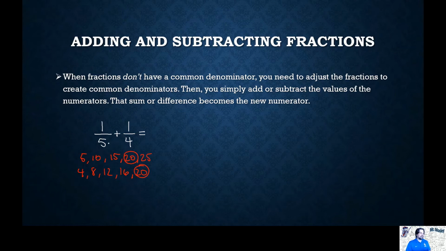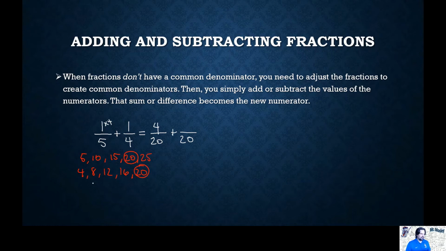All right. So I need this over 20 plus the next number over 20 as well. So we're going to use our common denominator. Since I have to multiply 5 by 4 to get to 20, I also multiply the top number, the numerator, by 4. So I get 4 over 20.